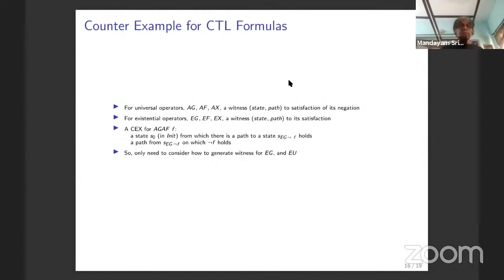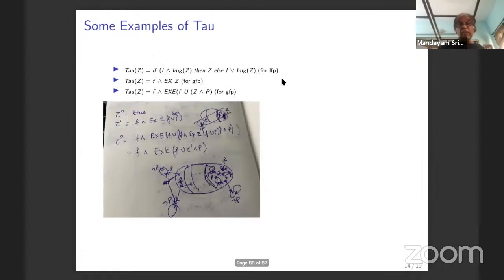Okay. So counterexample. Before I show you the proof, as you can see, these are not easy. Once you get a hang of it, maybe it becomes easy.